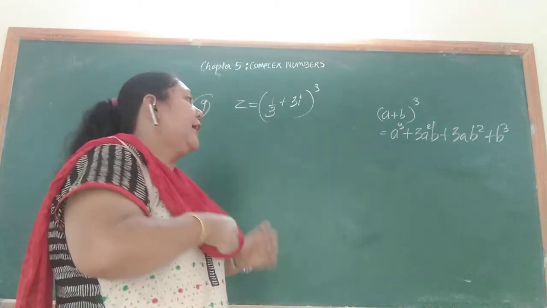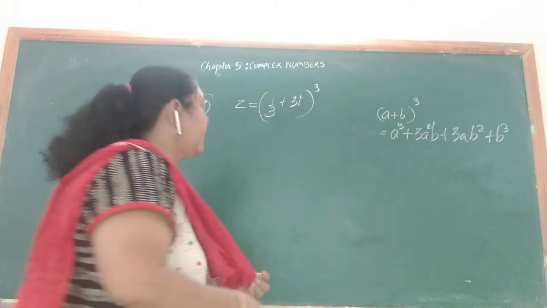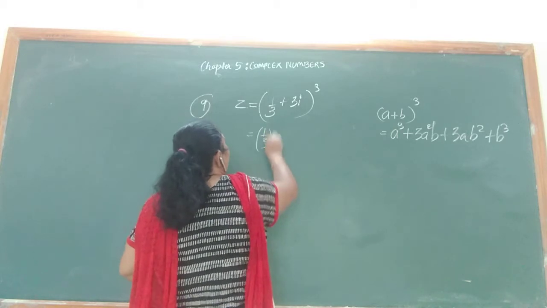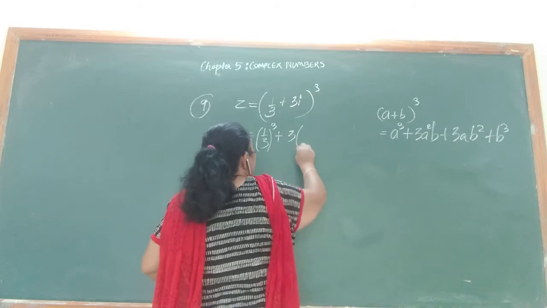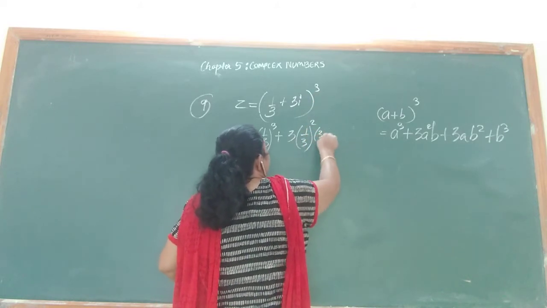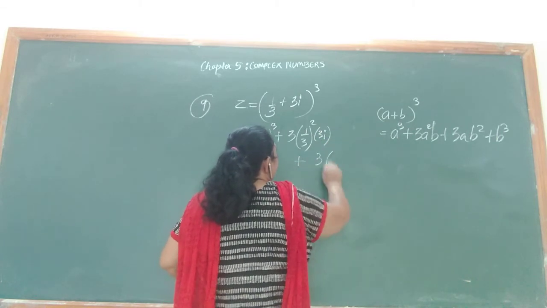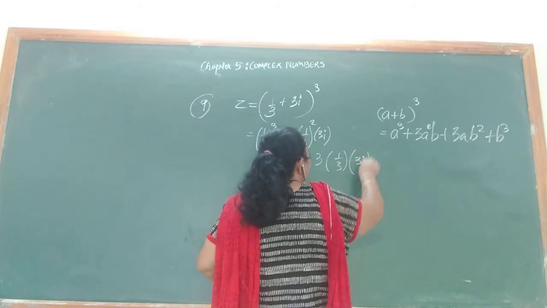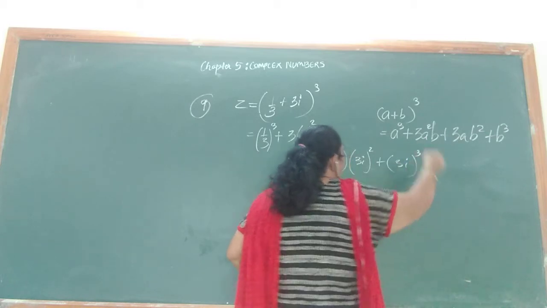Now with that (a plus b) whole cube, let me open up my bracket over here. So I have (1 upon 3) whole cube, then plus 3 into (1 upon 3) whole square into 3i, and plus 3 into 1 upon 3 into (3i) whole square, and plus (3i) to the whole cube.